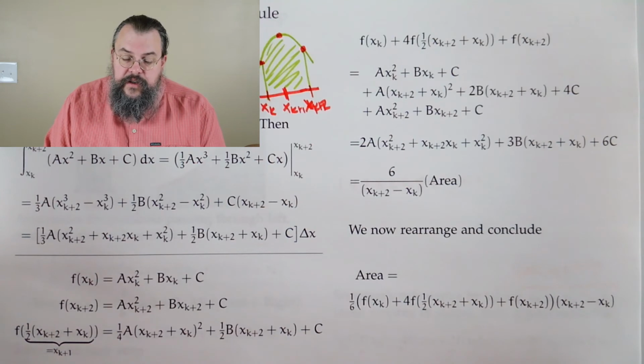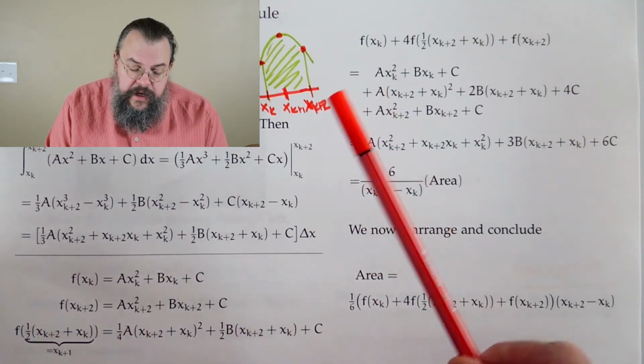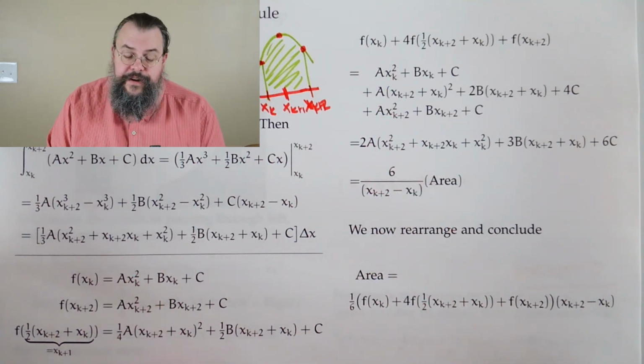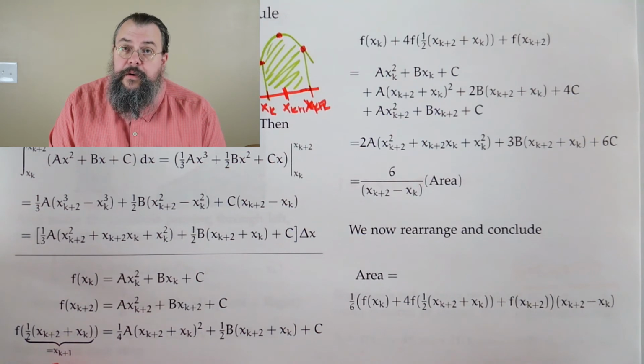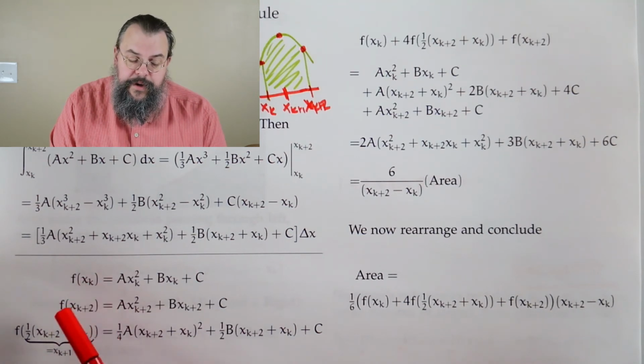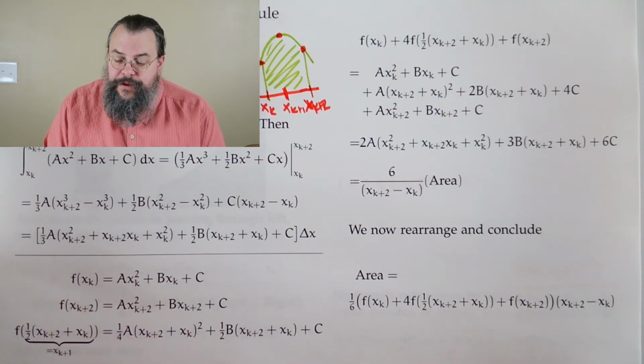So the last thing to do is let's actually combine these together. We're going to multiply the first one by 1, the second one by 1, and the midpoint by 4. Left times 1, right times 1, midpoint times 4.